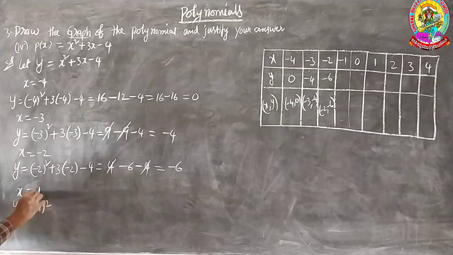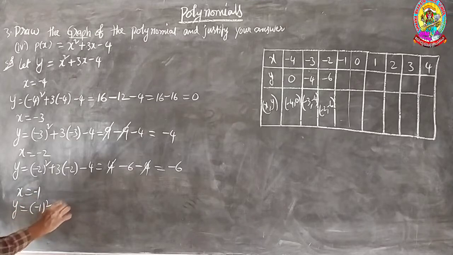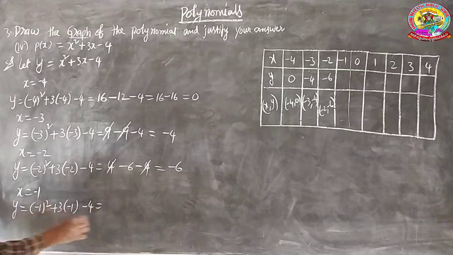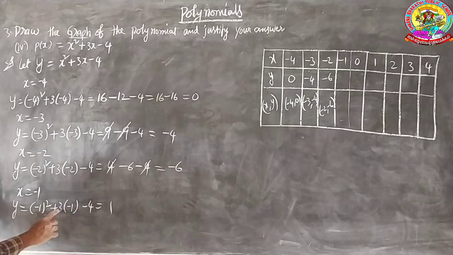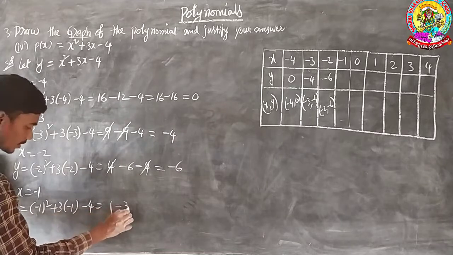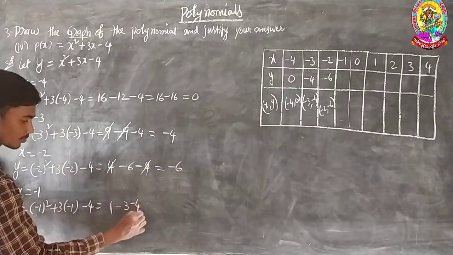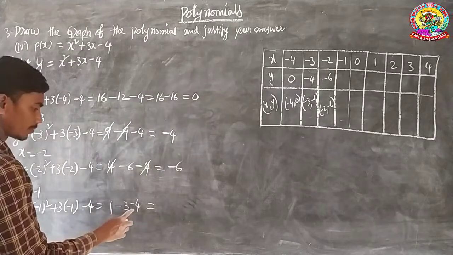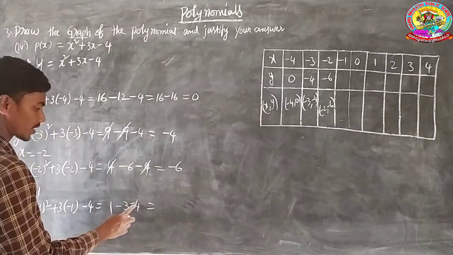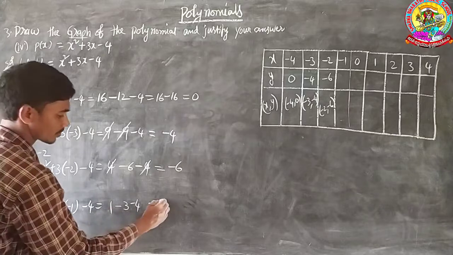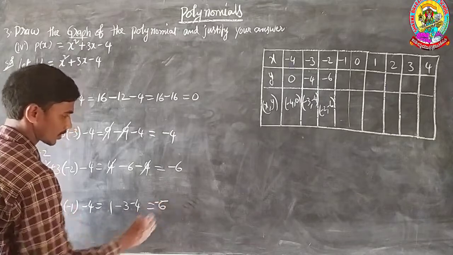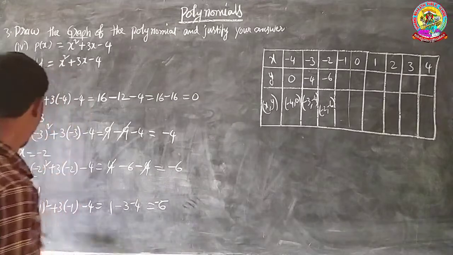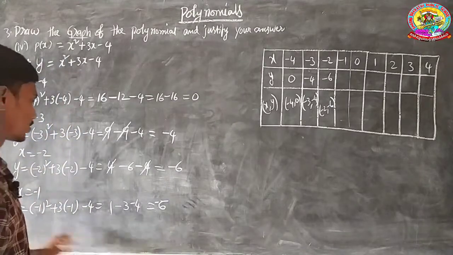Minus 1 whole square plus 3 into minus 1 minus 4 is equal to minus 1 whole square becomes 1, 3 into minus 1 becomes minus 3, minus 4. So minus 3 minus 4 becomes minus 7 plus 1 becomes minus 6. At x equal to minus 1, y is equal to minus 6.